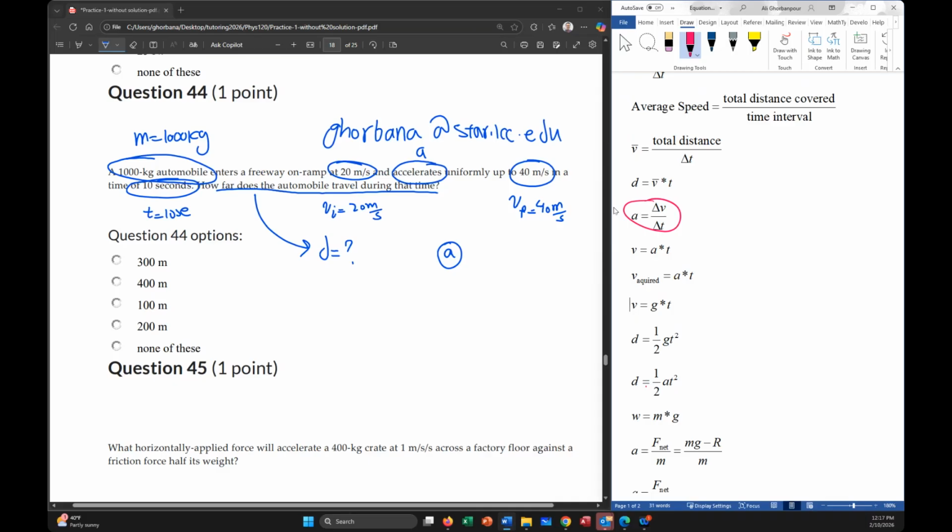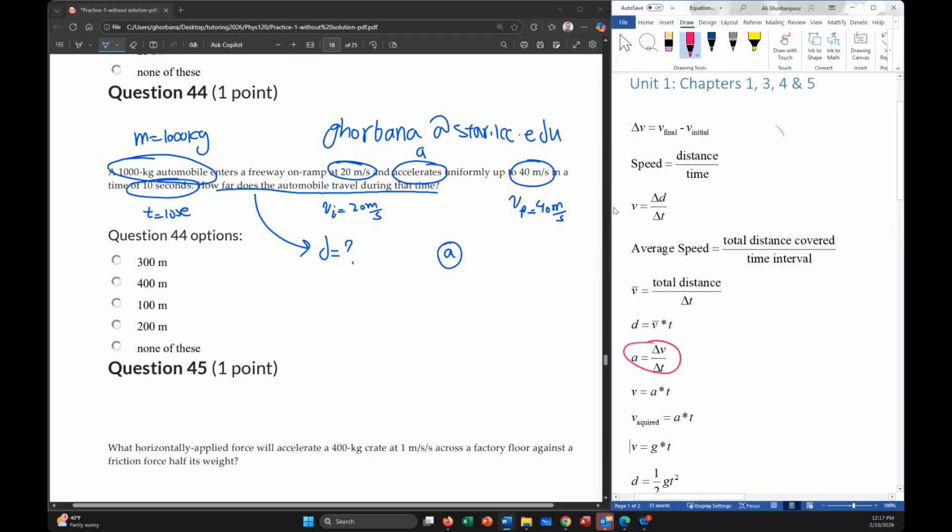What is the change of velocity? V final minus V initial. Triangle, delta, means change. So the acceleration is going to be delta V over delta T.